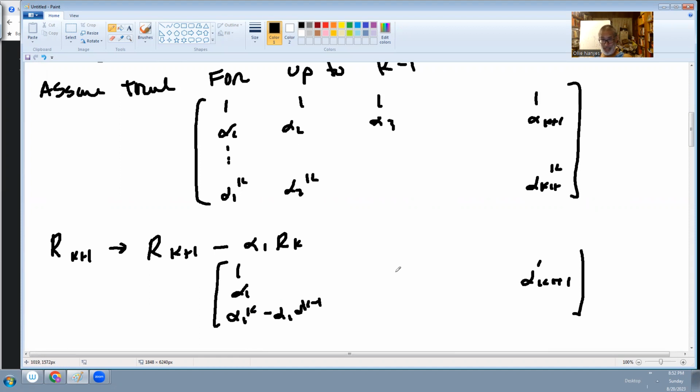Well, we know what that is. The next one is going to be alpha 2 to the k minus alpha 1 times alpha 2 to the k minus 1, etc. And then right here, we're going to have alpha k plus 1 minus alpha 1 to the k minus 1 power.